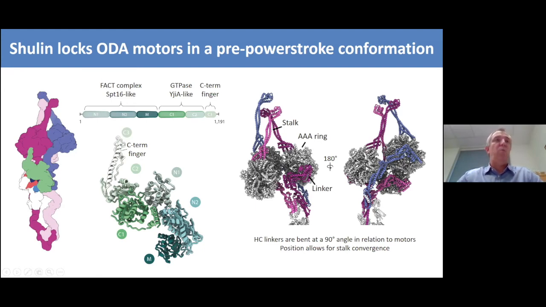You've got the linker, which bends and straightens during each step of the motor walking along the microtubule. And then you've got an ATP binding AAA ring in the middle. And you can perhaps make out that all of these linkers are held in this bent, 90-degree bent conformation. And all that does is allow these motor domains to stick together, and all of the stalks are pointing out in the same correct direction.